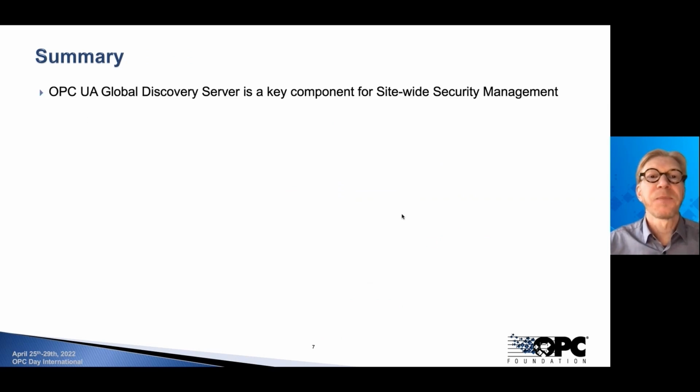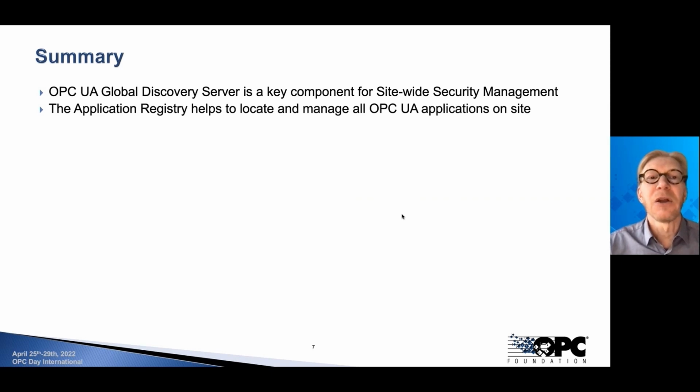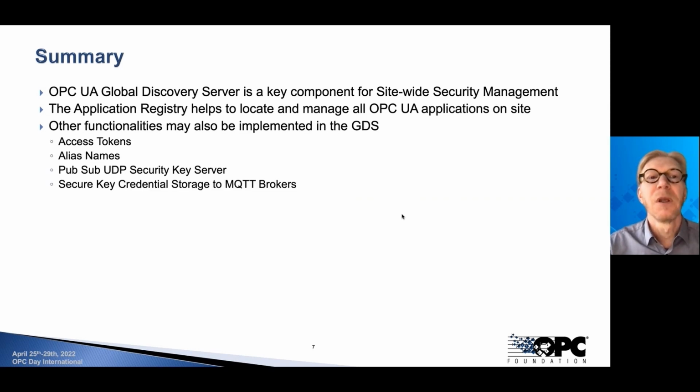So as a summary, the OPC UA Global Discovery Server, GDS, is a key component for site-wide security management. And here the application registry helps to locate and manage all OPC UA applications on site.